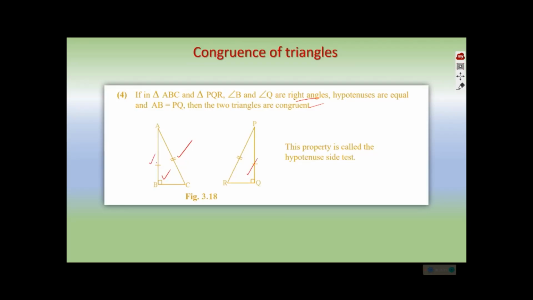So in such a situation, when the hypotenuses are equal in a pair of triangles, right angled at B and Q, and any one of the perpendicular sides are equal, we can say that those two triangles are congruent, in only and only the case of right angled triangle, because right angle बोलने से हमें एक एंगल 90 डिग्री पक्का कर दिया, तो फिर हमको क्या चाहिए, हाइपोटेन्यूज और एनी अदर साइड.